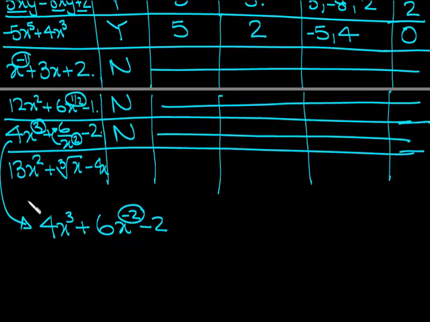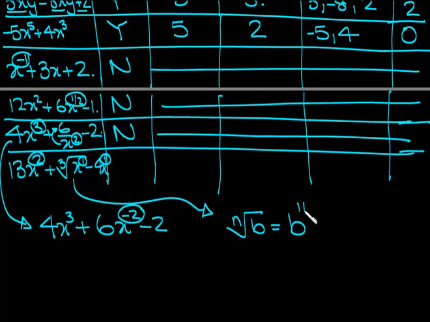Over here in this last example, this looks like it's positive, but keep in mind there's a radical. Another way to write a radical is what? If you recall, if you have the nth root of b, I can write it as b raised to 1 over n, and we've talked about that when we did rational exponents and radicals.